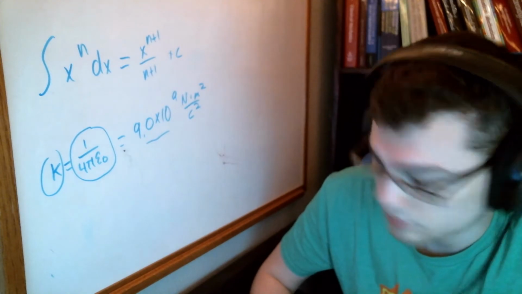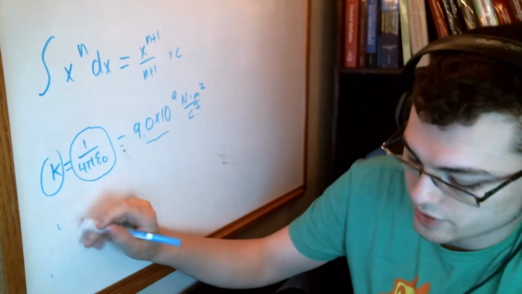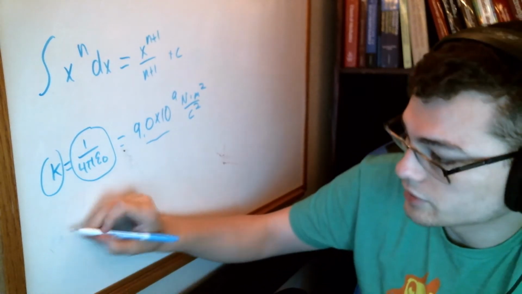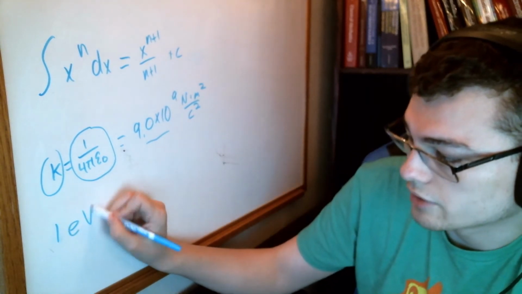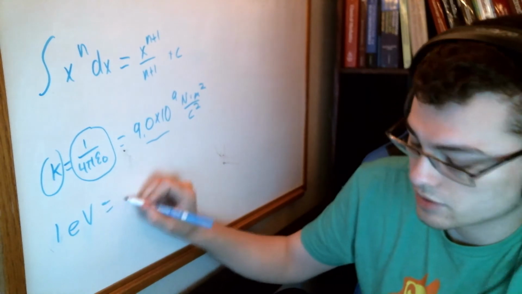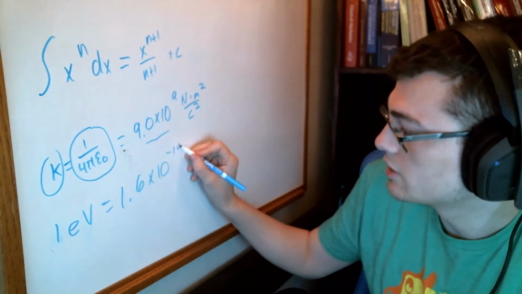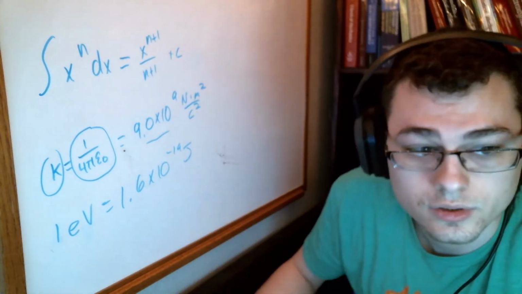Okay, next, one thing that may help is knowing what an electron volt is. 1 electron volt, or eV, is equal to 1.6 times 10 to the negative 19th joules.